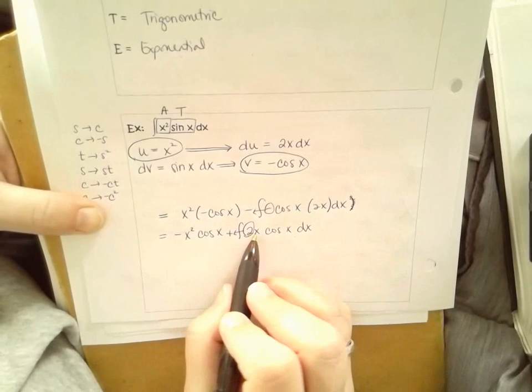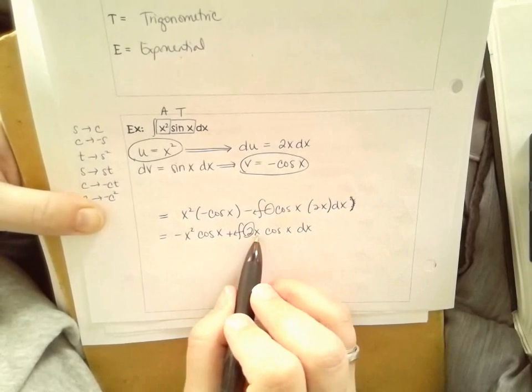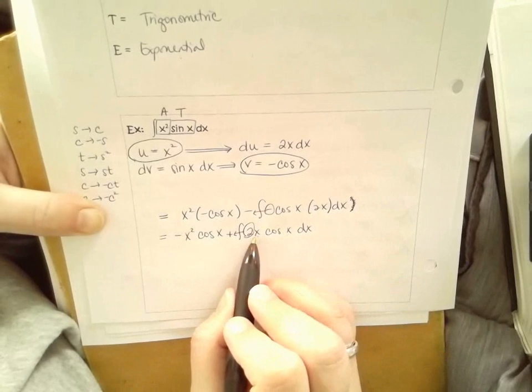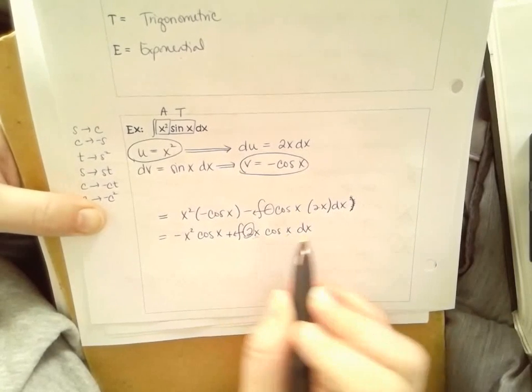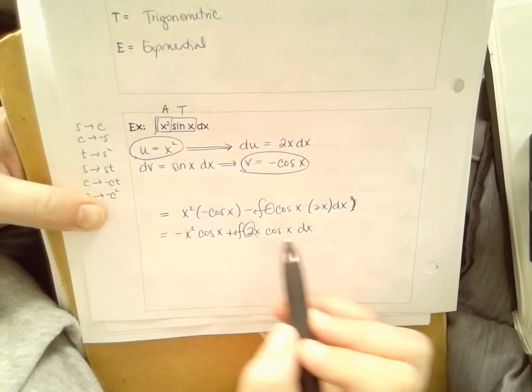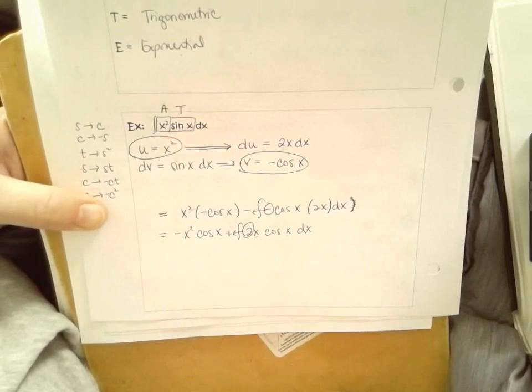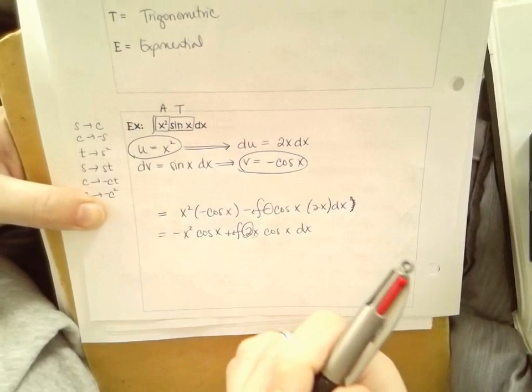Now this is still not separable and able to be figured out the way that we're traditionally used to, but can you agree that it's a simpler integrand than what we started with? This one has just x to the first power, this one has x to the second power. So what we did worked, we just need to do it again.